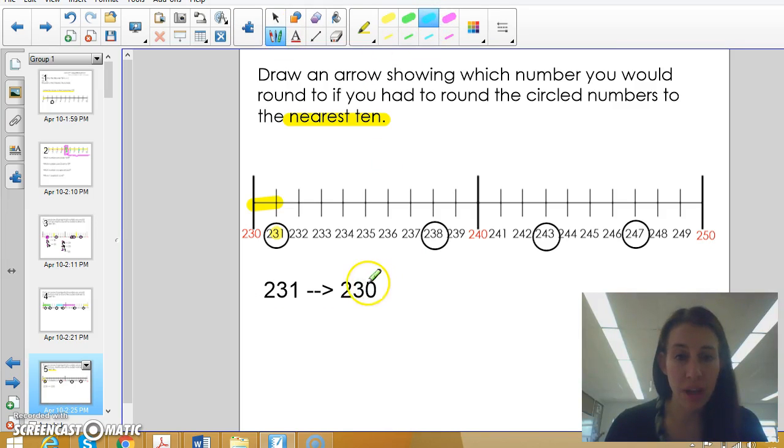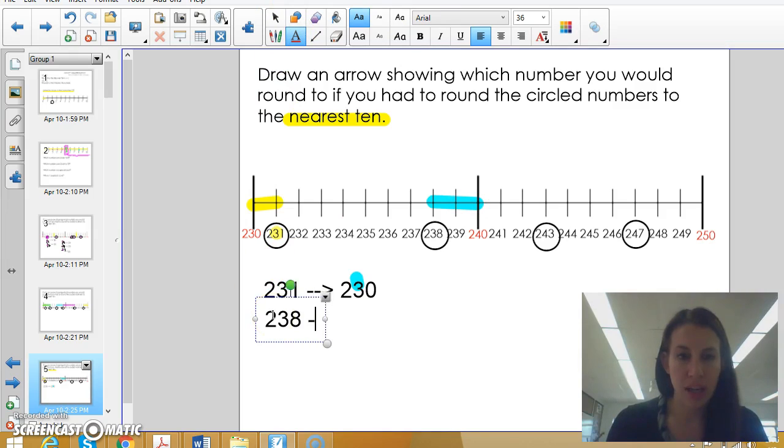After the tens digit, we have a 0, so we're looking at this tens digit. Let's look at 238. 238 is definitely closer to 240. So looking at the tens digit, 238 rounds up to 240 because that's where it's closer to.